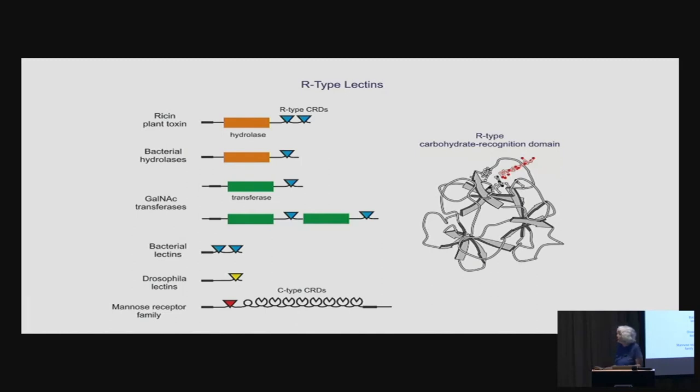They're also found in the mammalian GalNAc transferases, which initiate O-linked glycosylation, where they're associated with the transferase domains, and probably what they're doing is, again, targeting the enzymes to a part of a polypeptide which has already had one GalNAc added. This domain can bind to the GalNAc, and then the transferase domain will add another one.